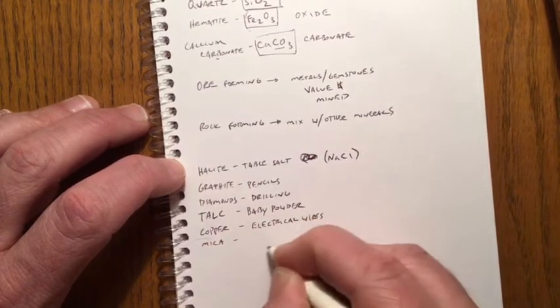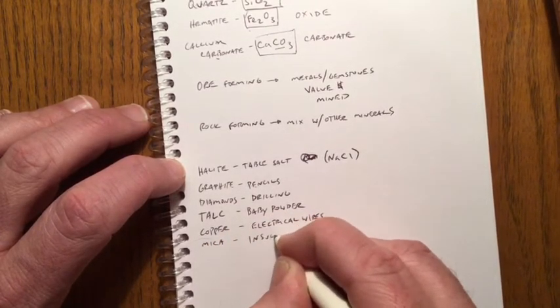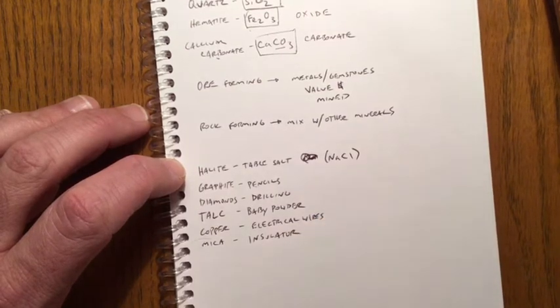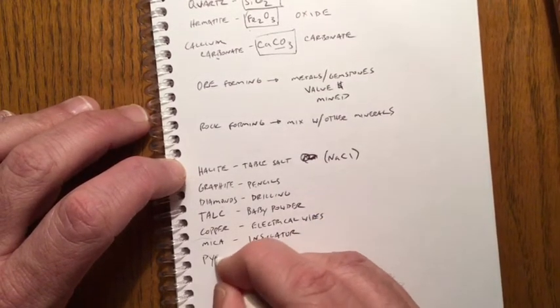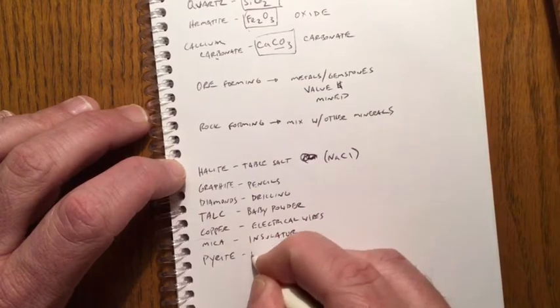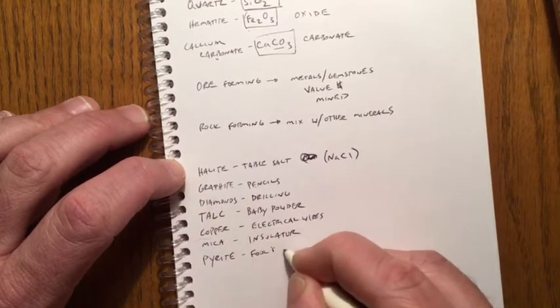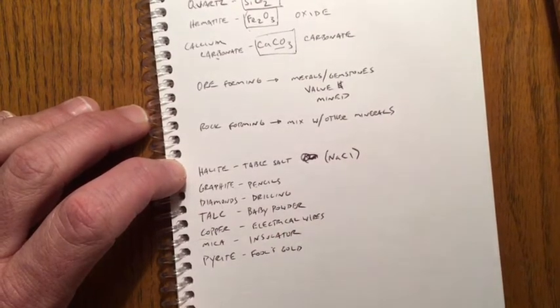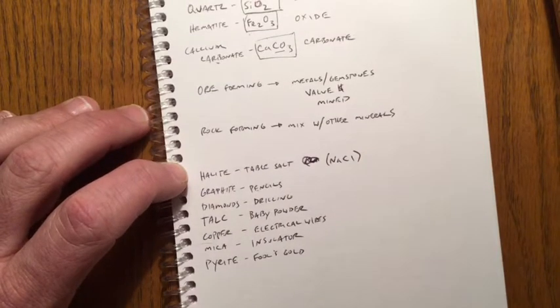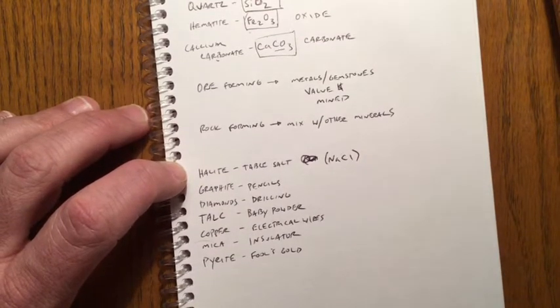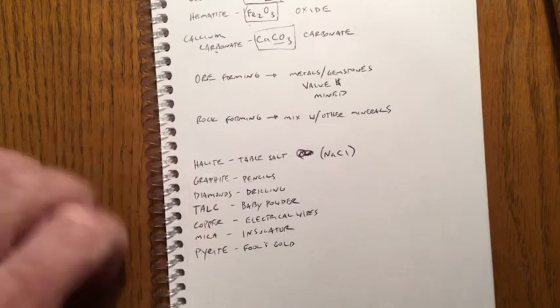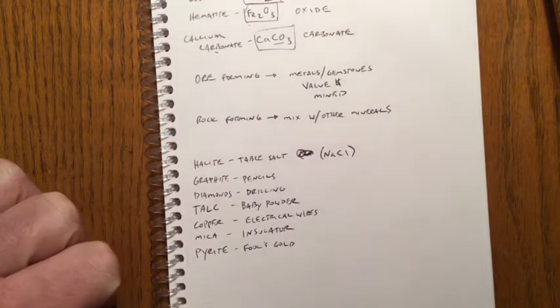Mica is an electrical insulator. And pyrite is fool's gold. Those are probably the only ones you really need to think about for the test, although there's a few others in the notes that you could review as well.